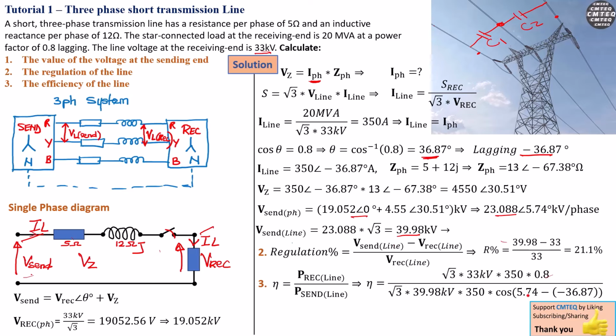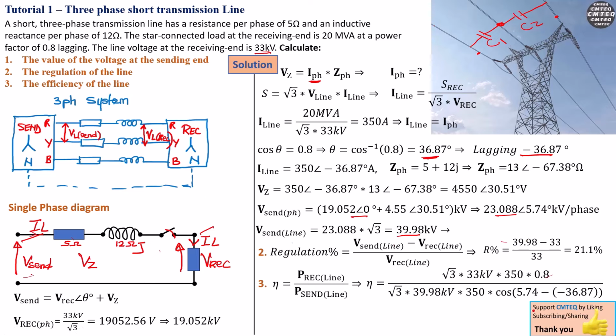You have to subtract the angle of the current from the angle of the sending end voltage that you calculated per phase, because that's the current at the receiving end, and the angle of that current is determined by the power factor at the receiving end.